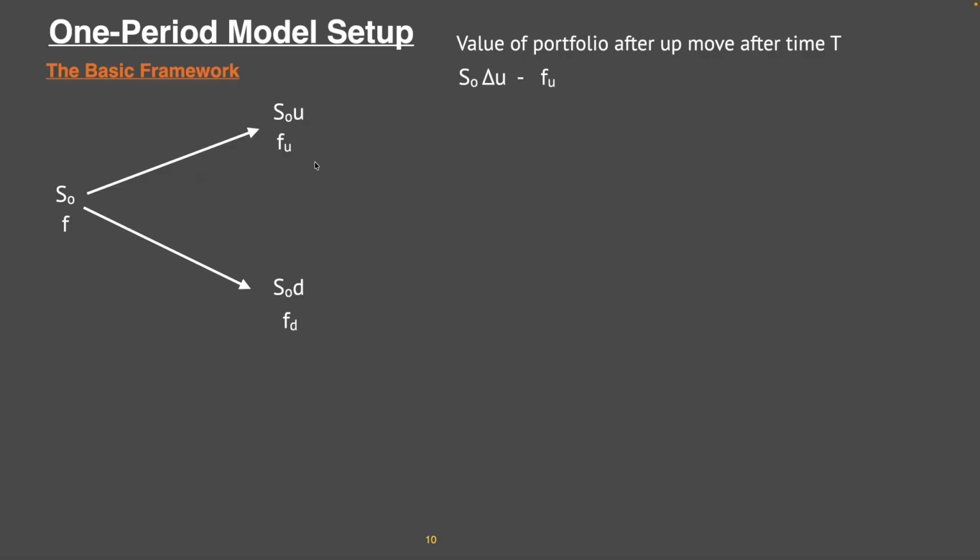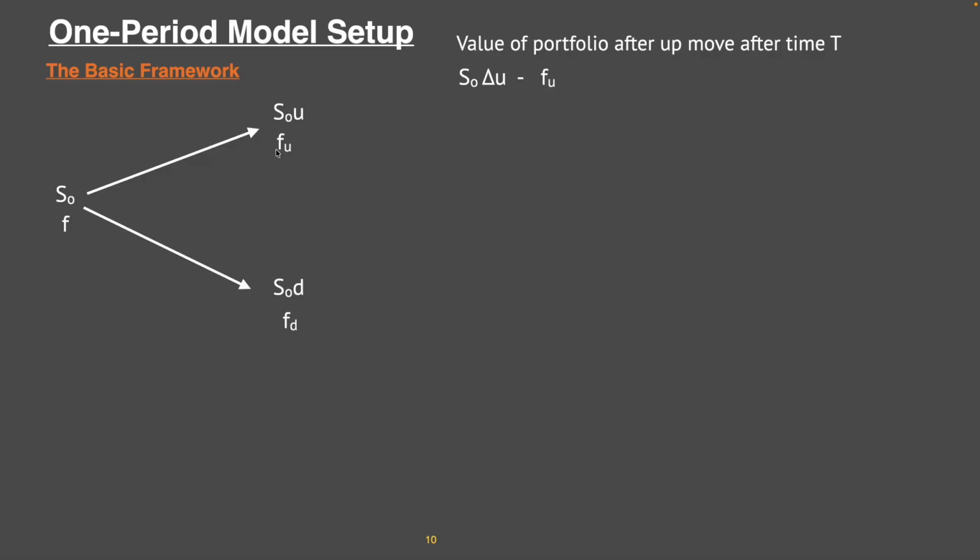minus FU. Why? Because we are short in the option, so when the prices go up, the short option will lose money. That is why we have to reduce that much amount from the total value of the underlying. So the underlying has moved up to S0 delta U, and the option price has gone to another level called FU.